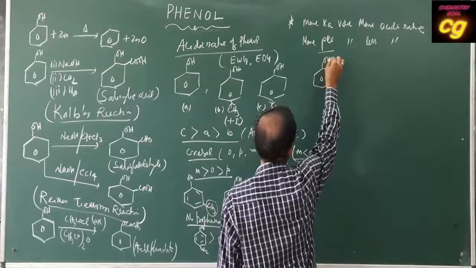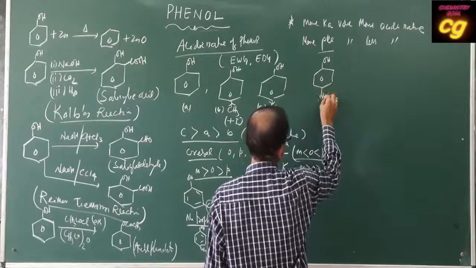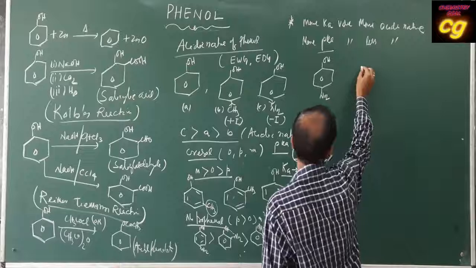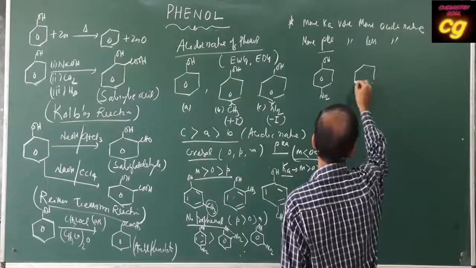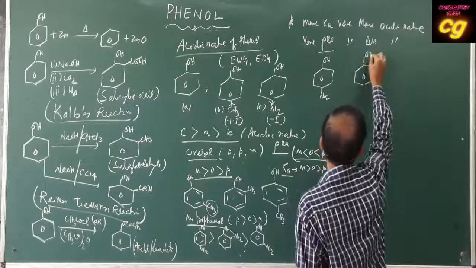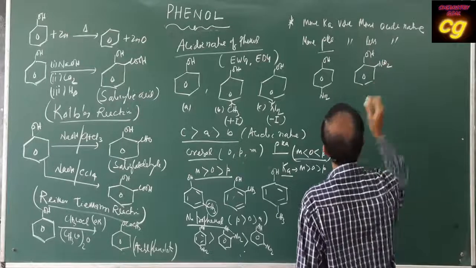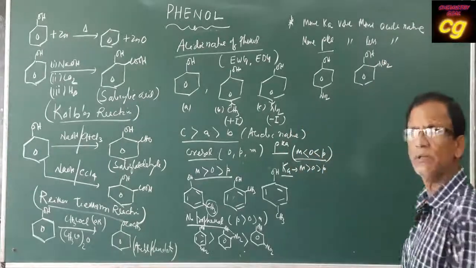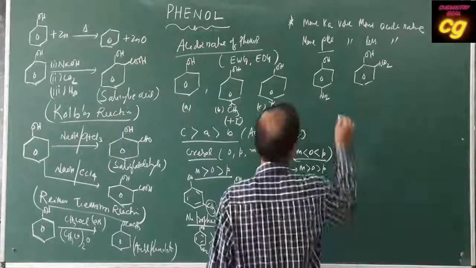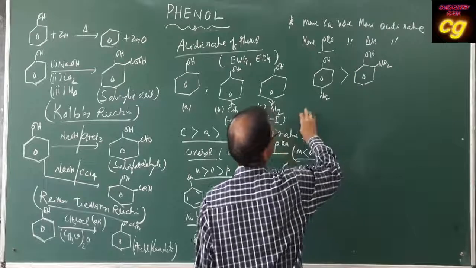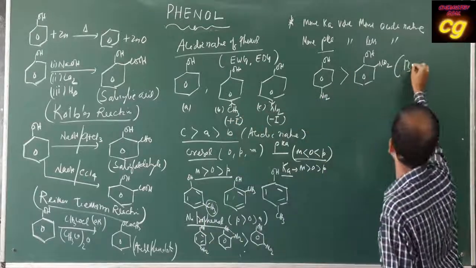Suppose these are orthonitrophenol, metanitrophenol and paranitrophenol. If you see, this is also a very important comparison. The boiling point order is this one.